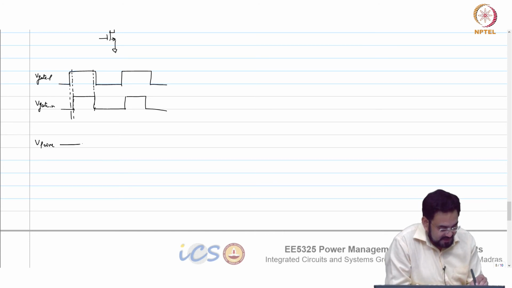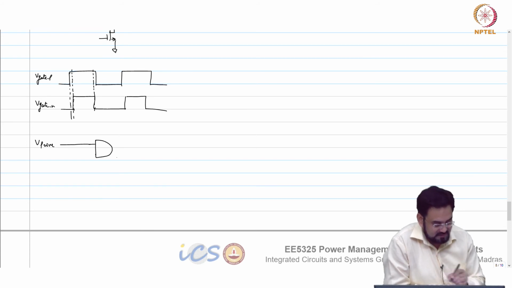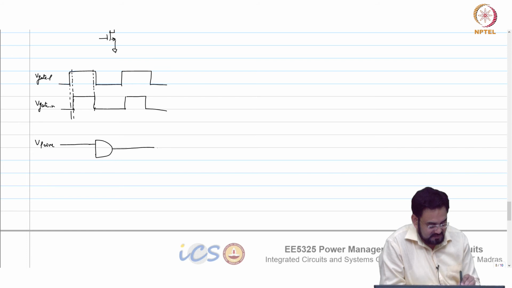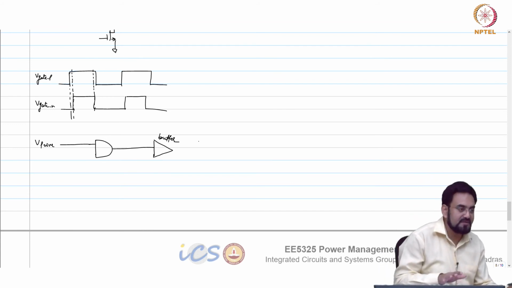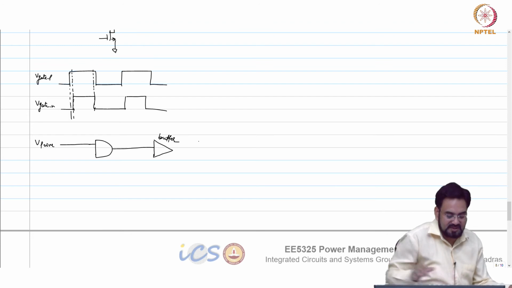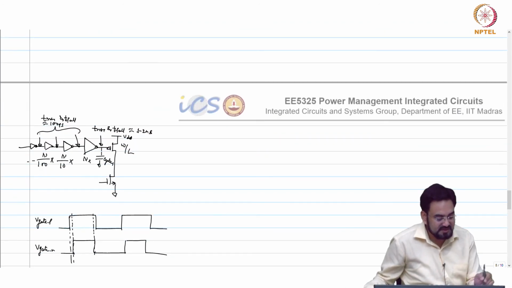So we get a VPWM, and this is my buffer. I am only drawing a buffer here, and you can assume that this buffer is implemented using this chain of inverters.